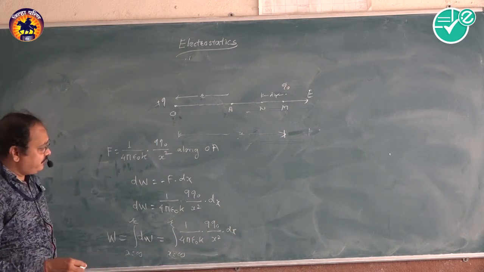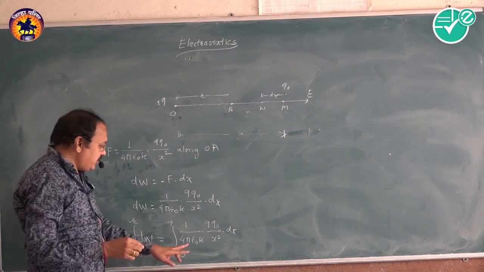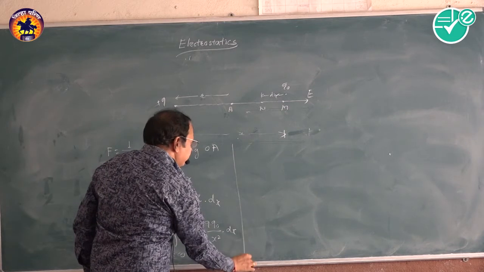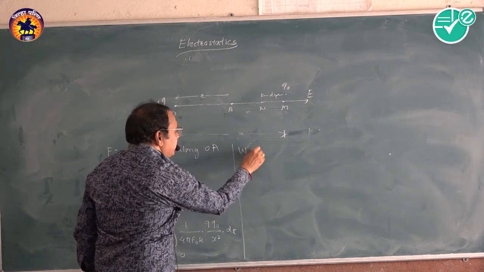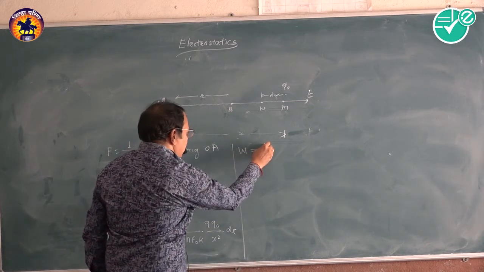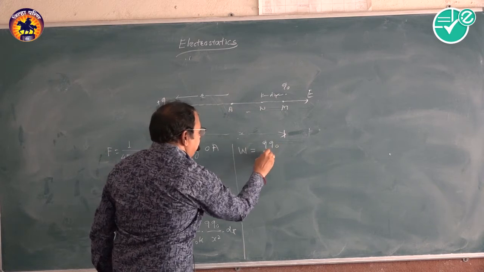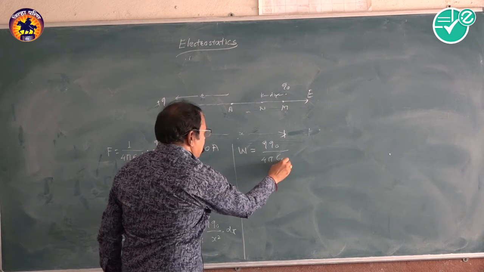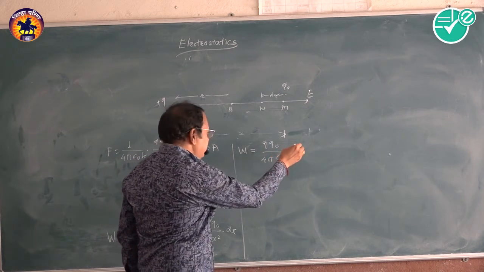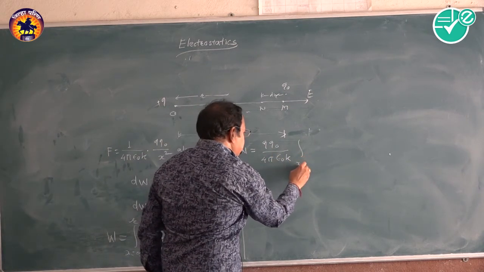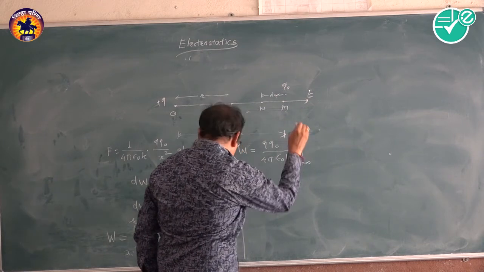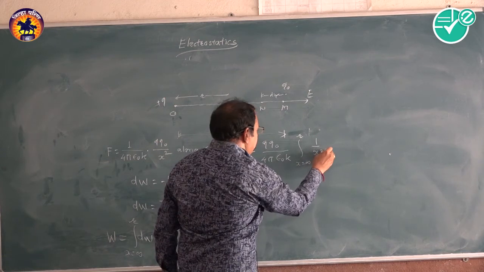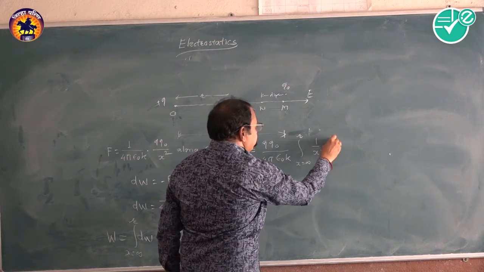For convenience of calculation, we take the constants out. So W equals q naught upon 4 pi epsilon 0 k into the integration from x equal to infinity to R of 1 upon x square into dx.